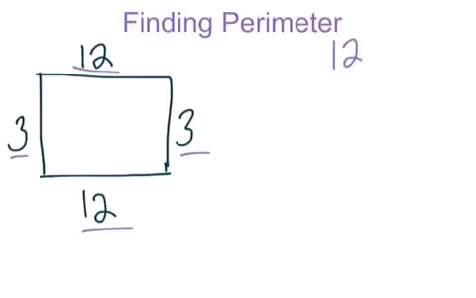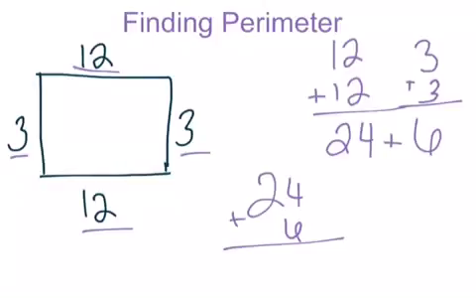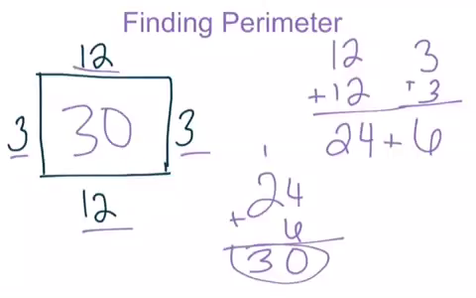So 12 plus 12, which is 24, and 3 plus 3, which is 6. Add that up, 24 plus 6, which is going to be 30. And so the perimeter of this rectangle is 30.